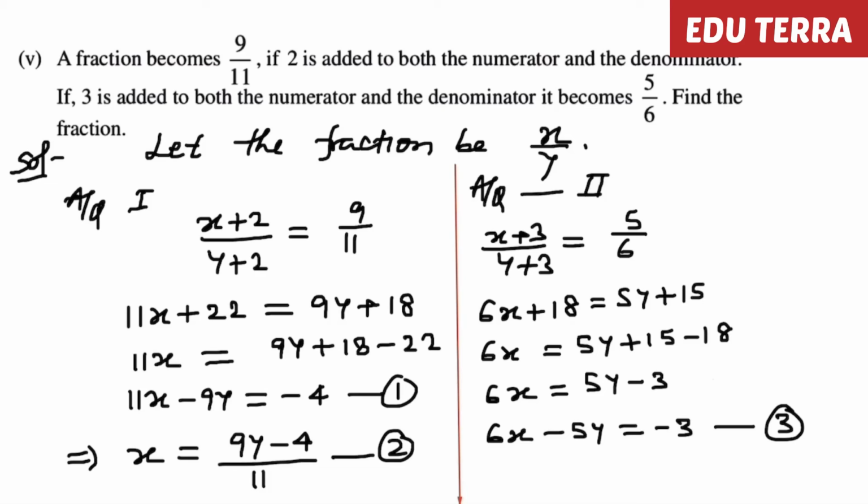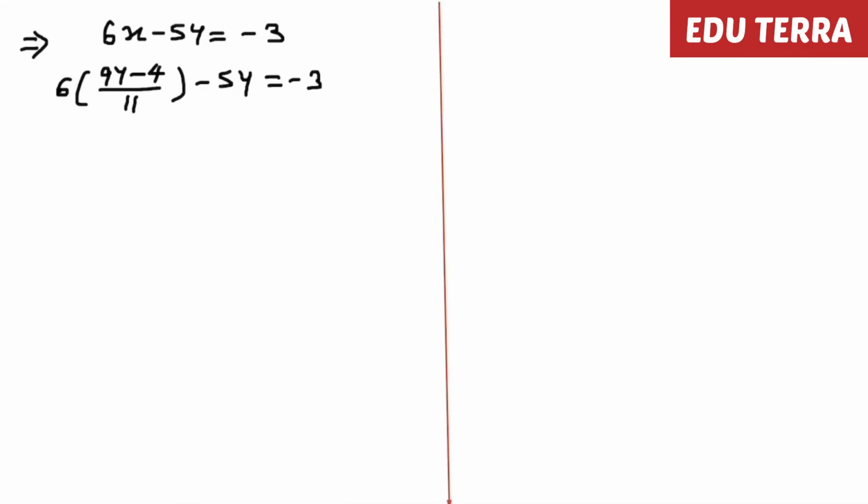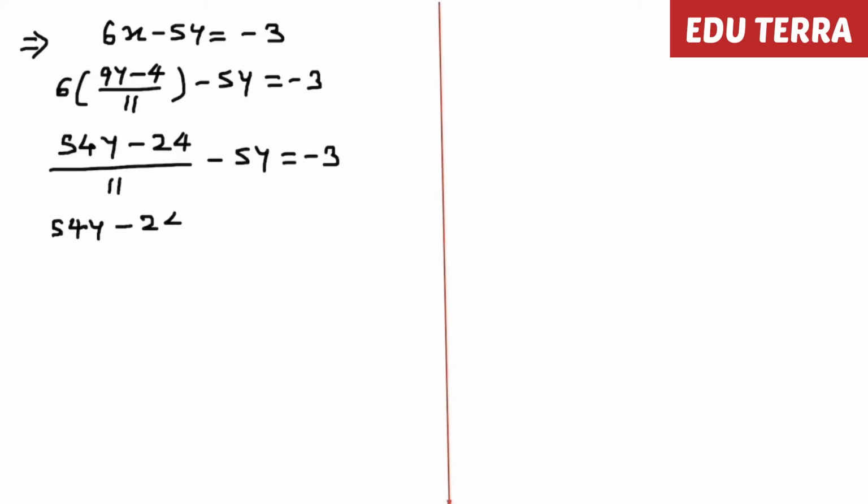You will get, okay, let's see, 6 9s are 54 minus 6 4s are 24 upon 11 minus 5y equals minus 3. Now again here take LCM as 11, otherwise directly you can solve. See how can we write the next step. So it will come 54y minus 24 minus 55y equals minus 33.